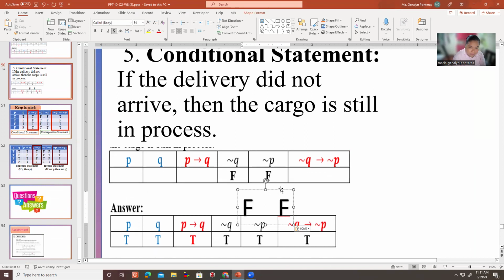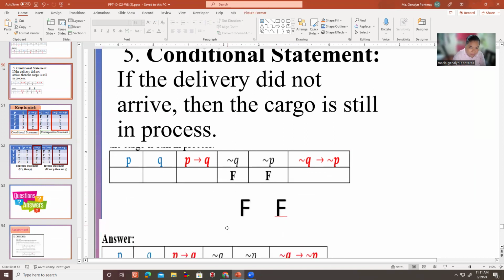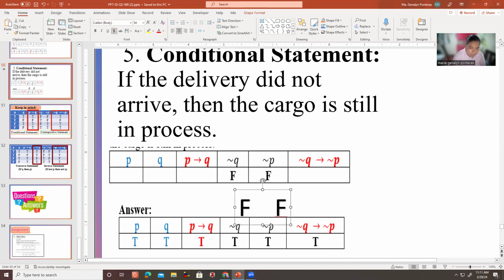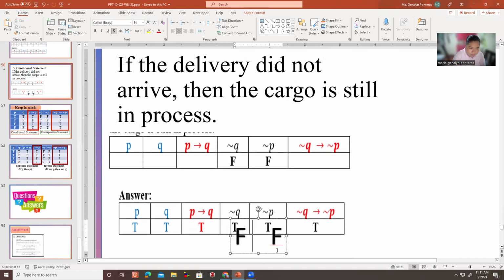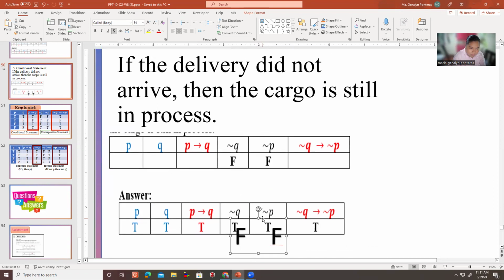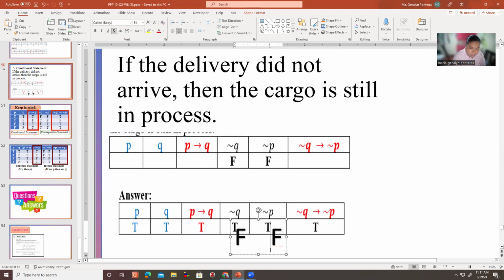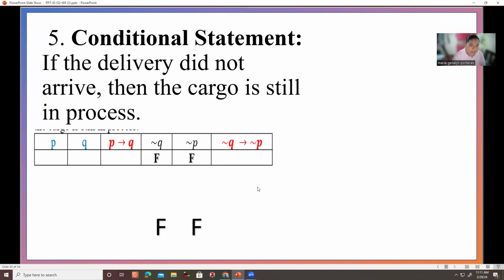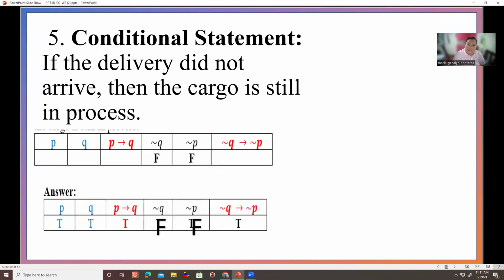We place it here. I think it's good. Okay. So not Q implies not P is false, not P is false.